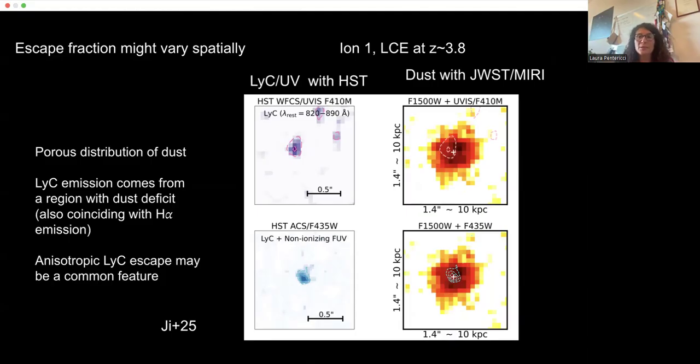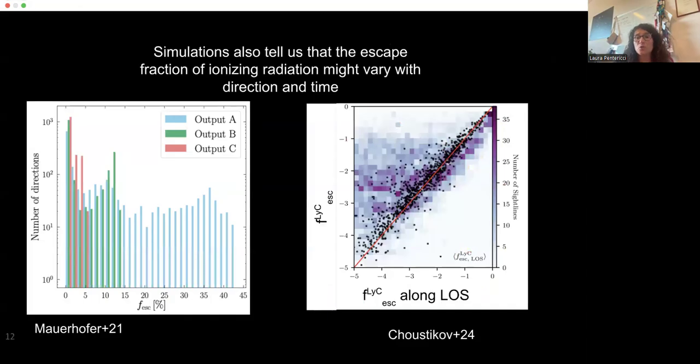So again, this tells us that spatially resolved, high spatial resolution is very, very important in this type of studies. And actually, this is also something that simulations tell us. The escape fraction of ionizing radiation could also vary with direction, depending on where you look at the source.